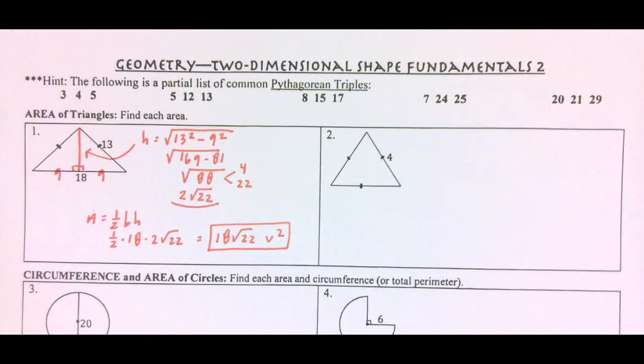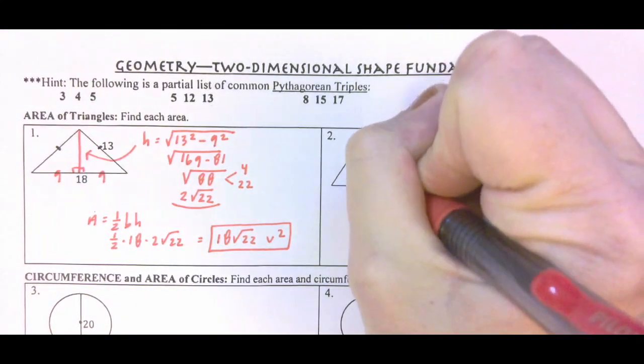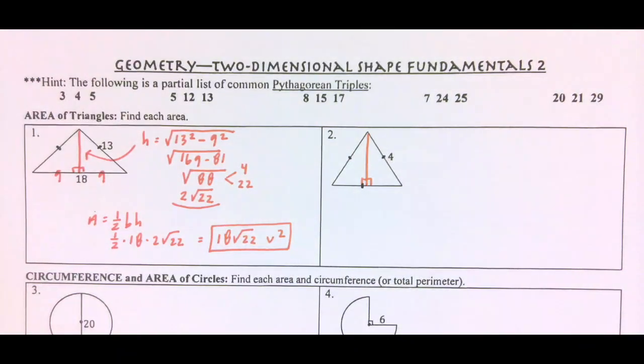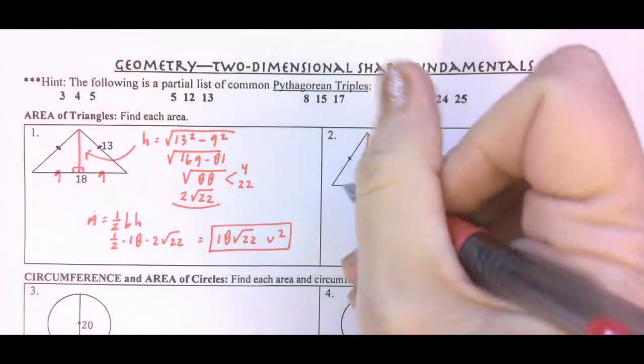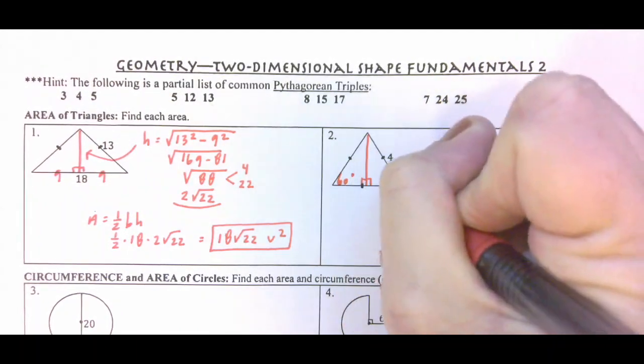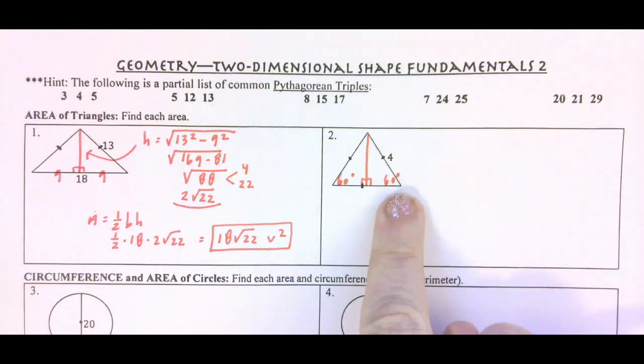Okay, next triangle is equilateral, but equilateral is still isosceles. So I can still divide it in half and make 2 right triangles. This one actually splits into more than just 2 right triangles. Each angle starts off as 60 degrees, so I can put 60-degree measures here and here.